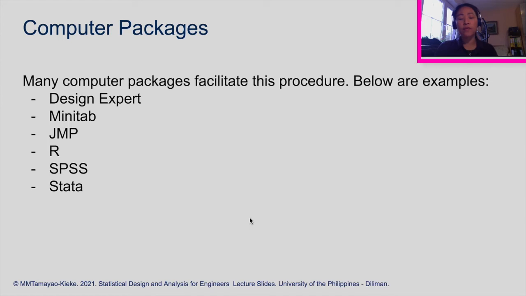Of course, we cannot go through all of these computer packages, but the important thing is that you know the concepts and how to design the experiment. You know what analysis procedure to use, and the computer packages are just there to facilitate the computations and, of course, in generating useful graphs for graphical analysis.